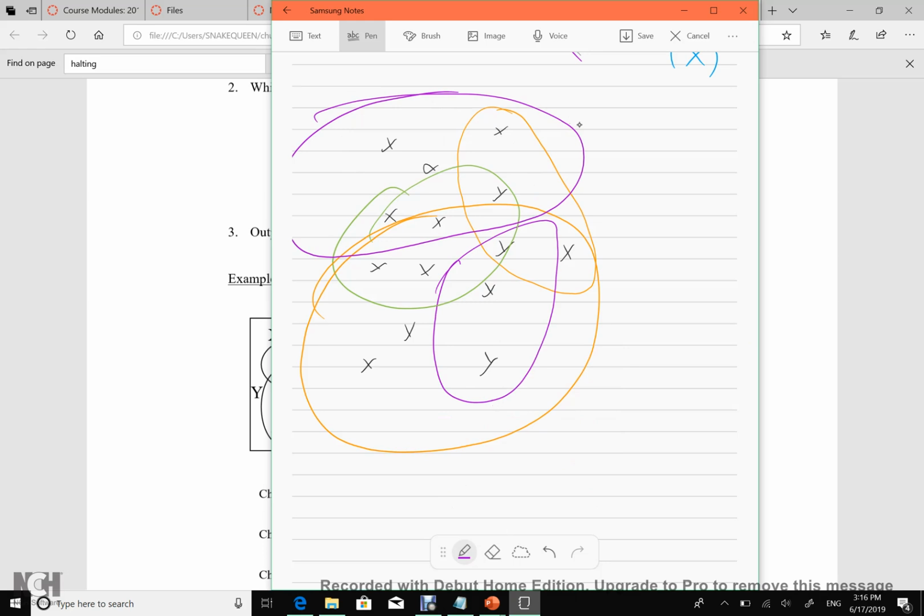So they have different subsets. We want to select the minimum number of sets. You want to see how many clubs combined together cover everybody, every data point.